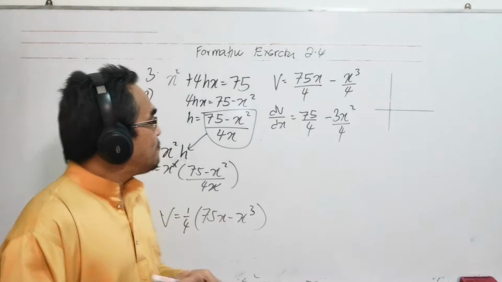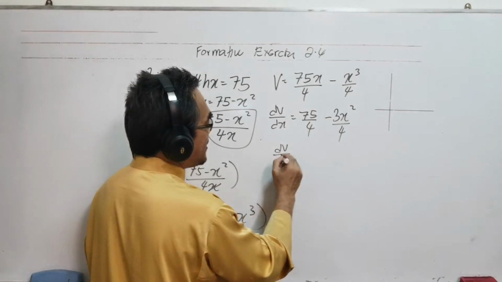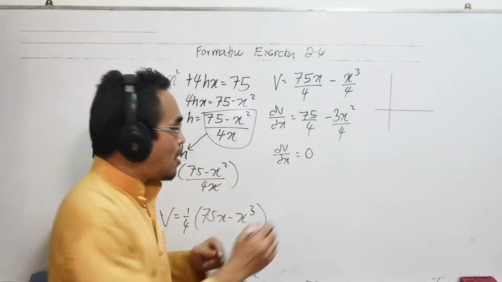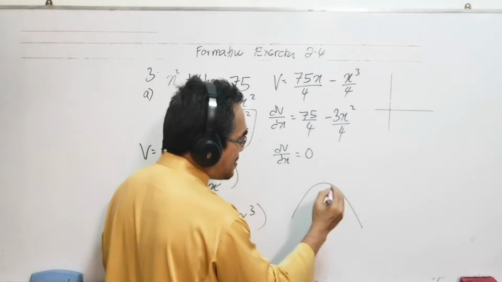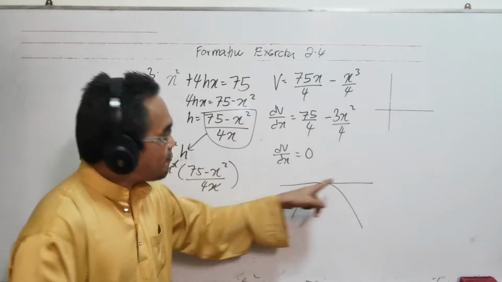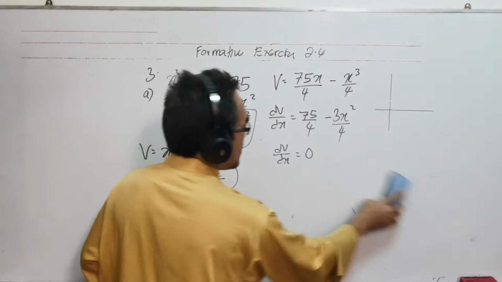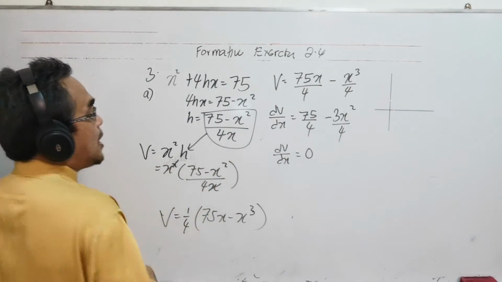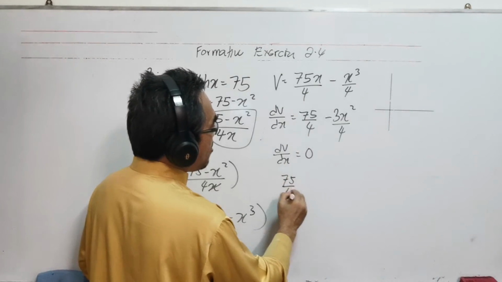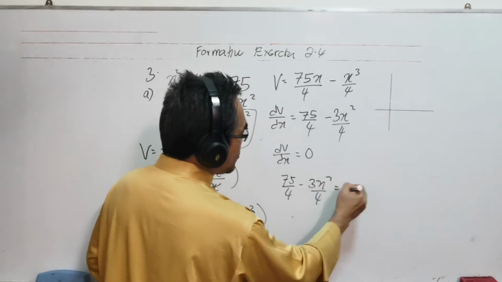Then for maximum or minimum, we say dV over dx equals 0. Because we are talking about a maximum, for example a maximum graph, at the maximum point the gradient of the tangent will be 0. Using that concept, we can find the value of x. 75 over 4 minus 3x squared over 4 equals 0.